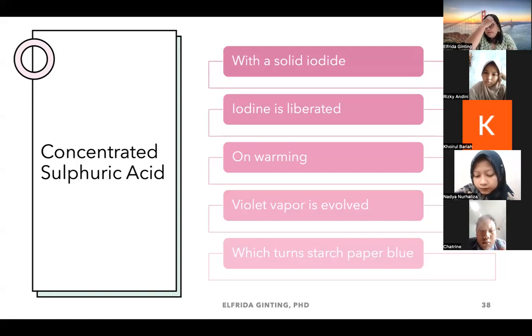Then if we warm it up, there will also be a violet vapor evolved. And when we make the violet vapor close to a starch paper, the starch paper will turn blue.